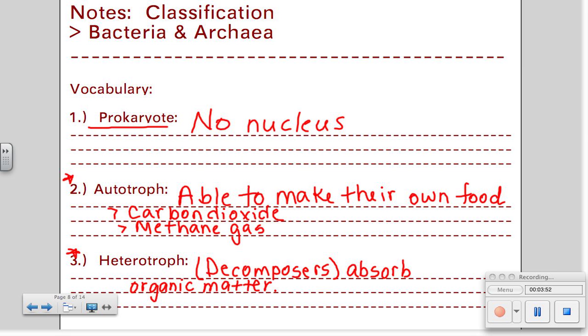Okay, we talked in class a lot about the leaves, how they fall on the ground. Well, in order to decompose those leaves, to break them down, there are actually certain types of bacteria that live on the ground that help to break those down. Those would be heterotroph bacteria. So once again, bacteria and Archaea are prokaryotes, meaning they have no nucleus, and they are both autotrophic and heterotrophic.